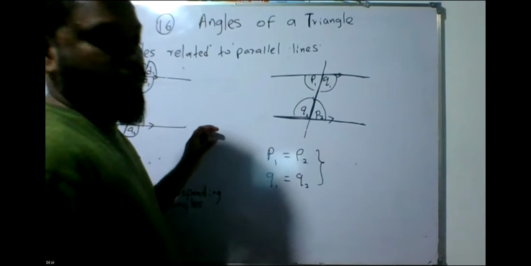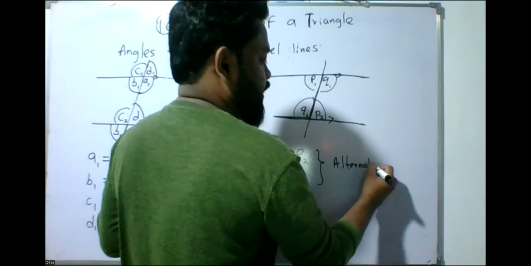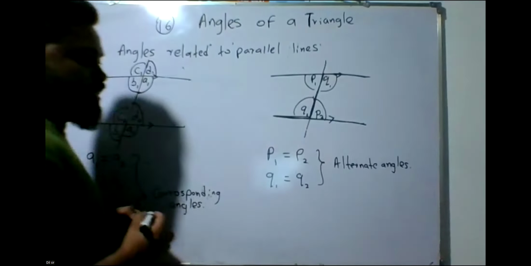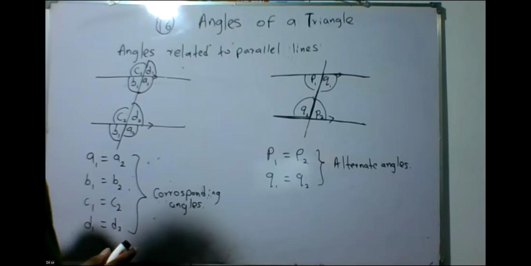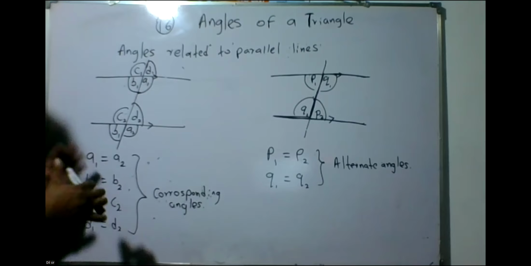What are they? Alternate angles. If someone missed this lesson, they will not understand it. This is a revision. Now we have to discuss another type of angles, allied angles. First of all, you copy down these two. First take a screenshot.